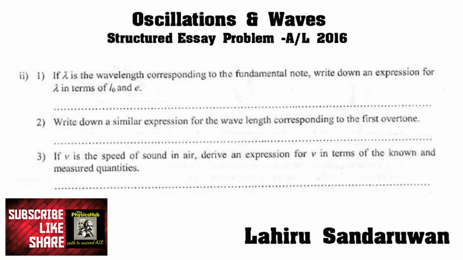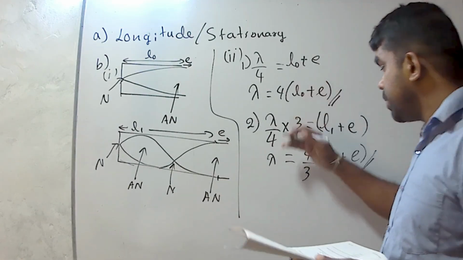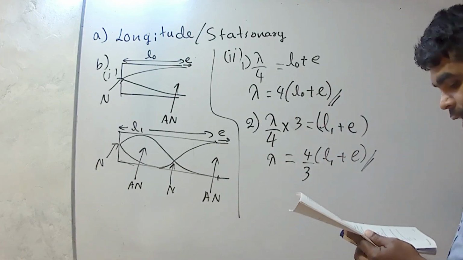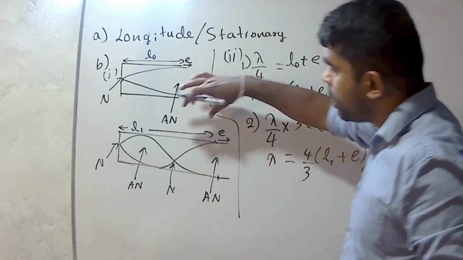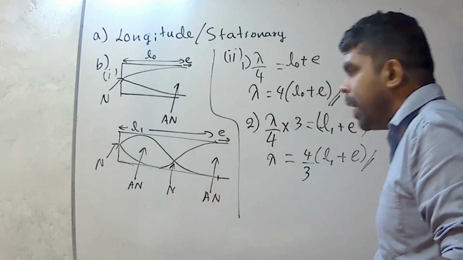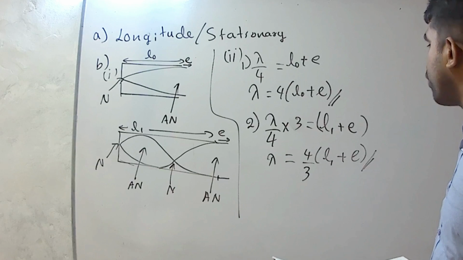Then the third one, if v is the speed of sound in air, derive an expression for v in terms of known and measured quantities. We can get the difference between L1 and L0. The difference between L1 and L0 should be half of the wavelength.